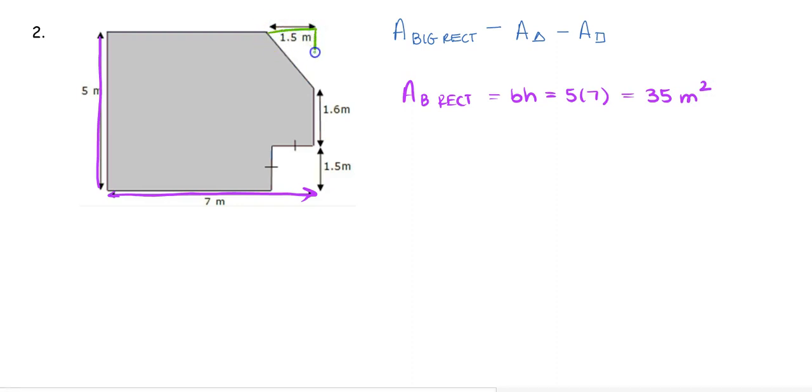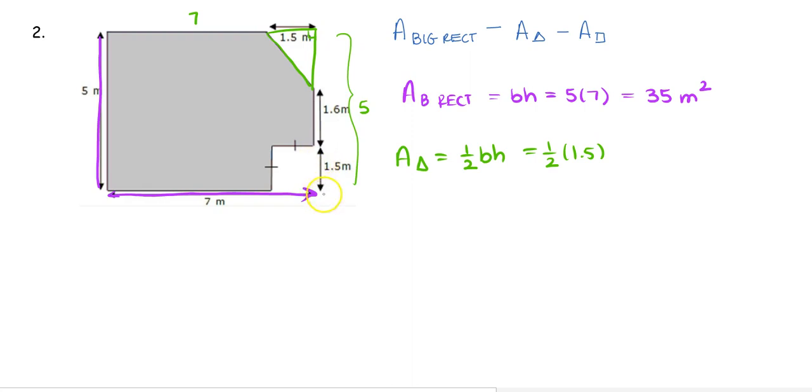So we've got this triangle at the top. The area of the triangle is going to be 1/2 base times height. We have that this is going to be our right angle. The base is 1.5. We have to find the height. Now, because we have a big rectangle, we know opposite sides are congruent. So this side is 7 and this side is 5. This whole side is 5.